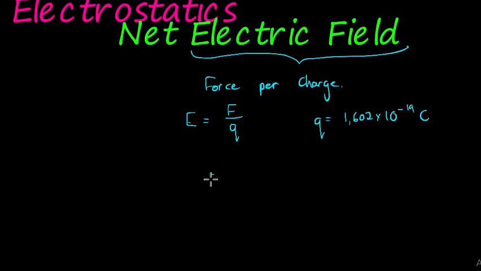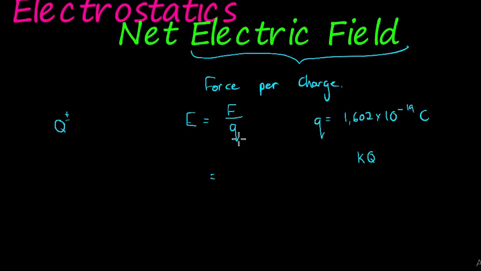Now the force is calculated with the formula k, charge Q on q. Since it's the force experienced by a single charge, the reason this charge will experience a force is because there's another charge in the vicinity, positive or negative.